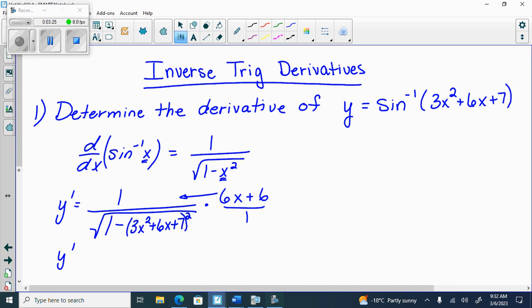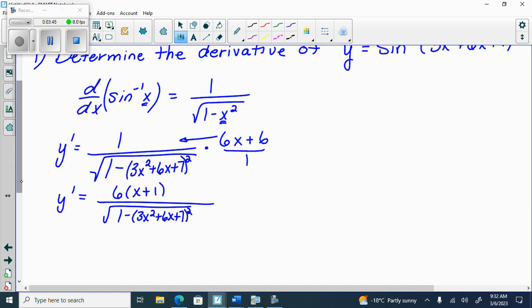You're going to get 6, if you want to, x plus 1, like that, over the square root. So the derivative is not the hard part, actually doing the derivative. Having them memorized is the hard part. That's it.